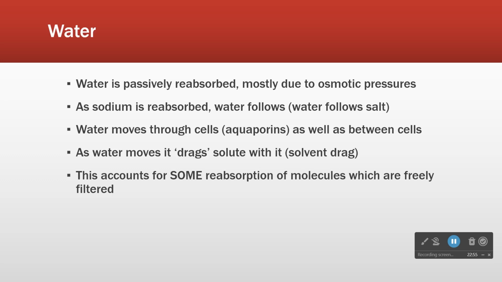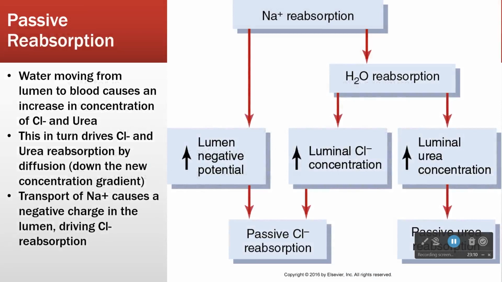Now, considering the volume, we saw in that first table how significant reabsorption is, right? So we're getting both effects in those big numbers. We're holding on to the water and we're holding on to the solute. All right, so if we look a little more closely at that passive reabsorption, we absorb sodium. That's going to trigger absorption of water.